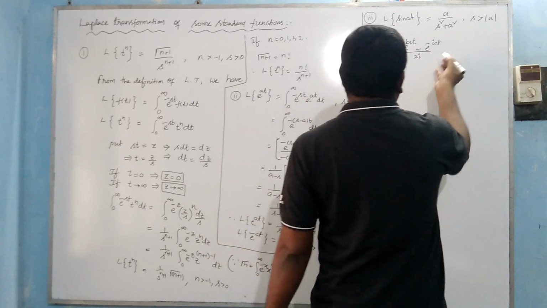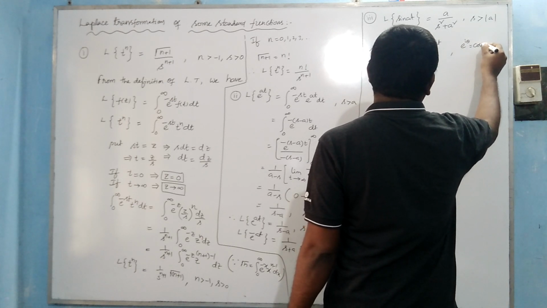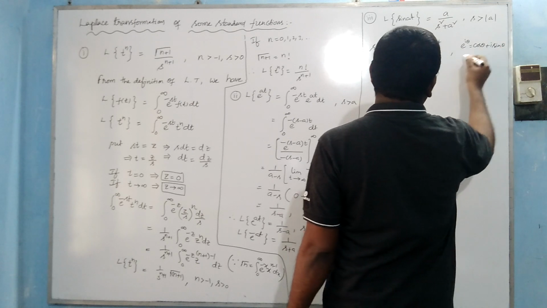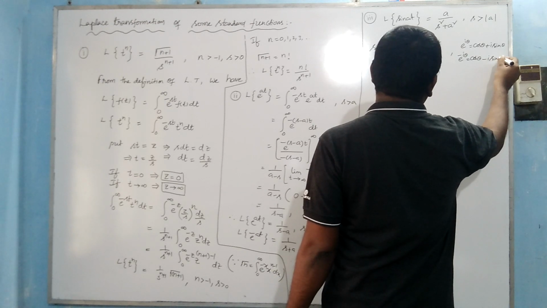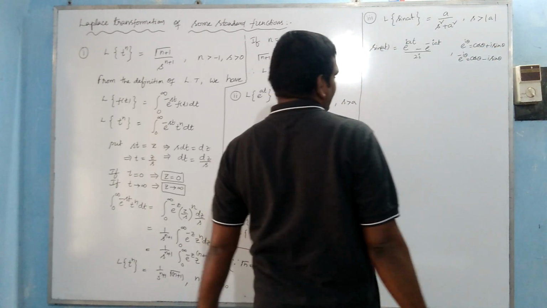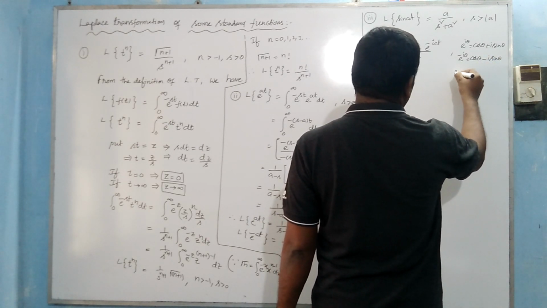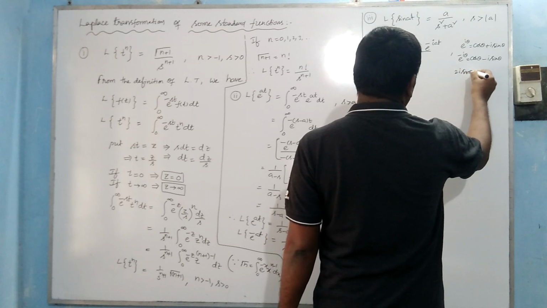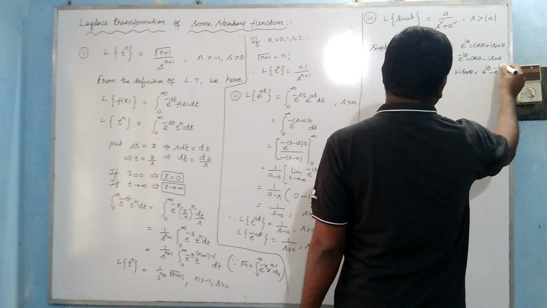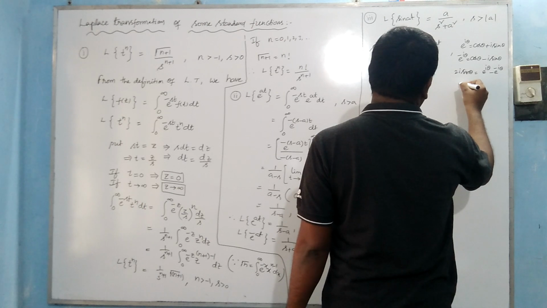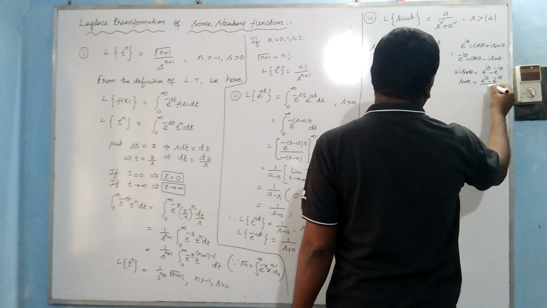Since e power i theta is equal to cos theta plus i sin theta. Clear? E power minus i theta is equal to cos theta minus i sin theta. So now subtracting both of them, we get 2i sin theta is equal to e power i theta minus e power minus i theta.